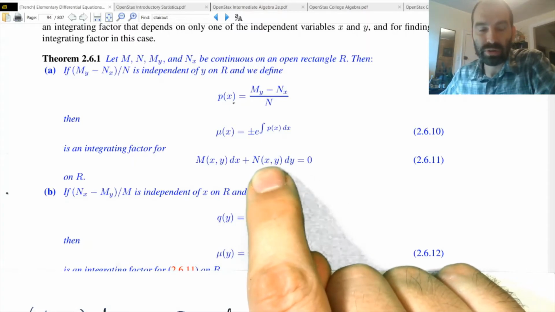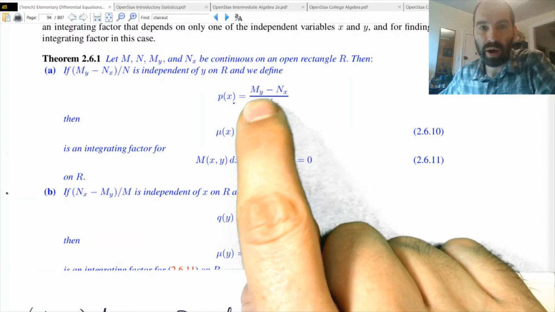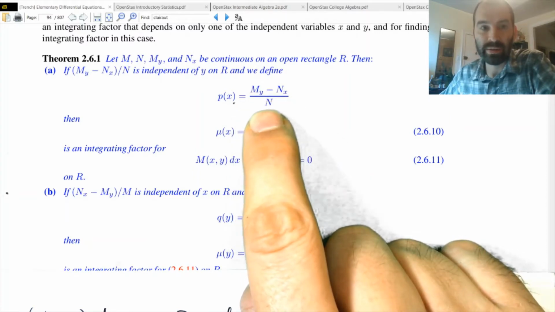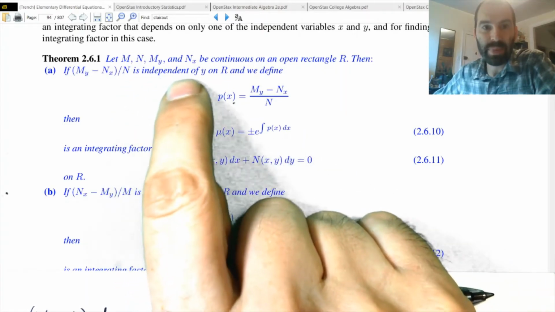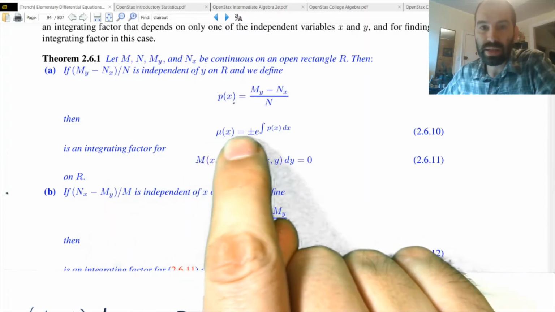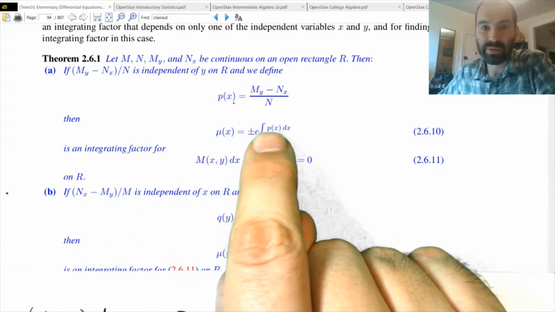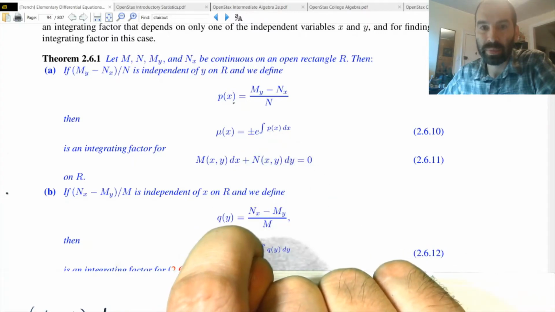What we're going to do to find mu is we're going to compute my minus nx and divide by n. Right? Now, if that is independent of y, then mu is going to be e to the antiderivative of that. That's how we get mu.